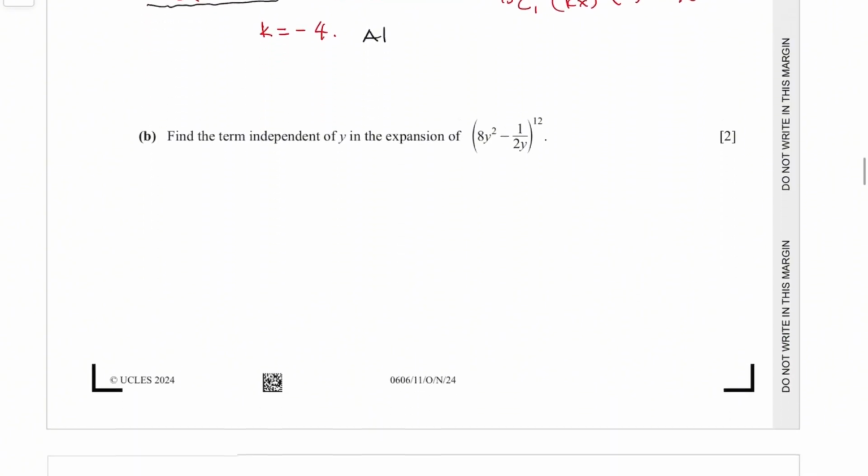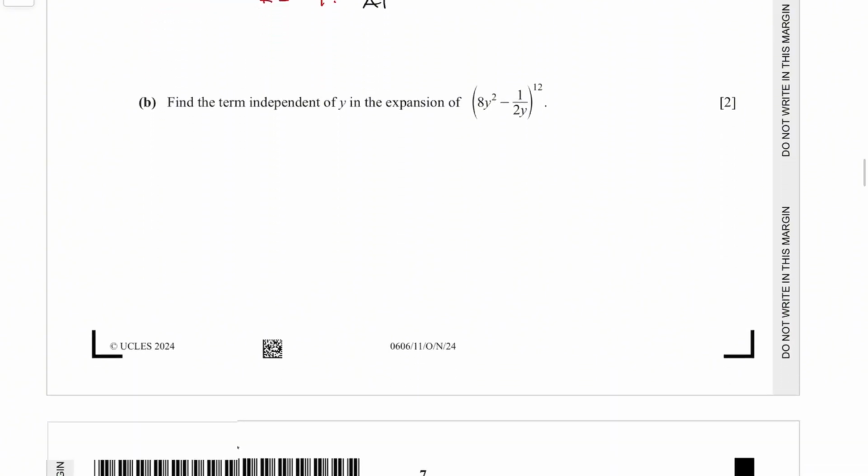Okay, next, question B. Find the term independent of y in the expansion of (8y squared minus 1 over 2y) to the power of 12. You should be thinking about, okay, your first term is 8y squared. Your second term is negative 1 over 2y.